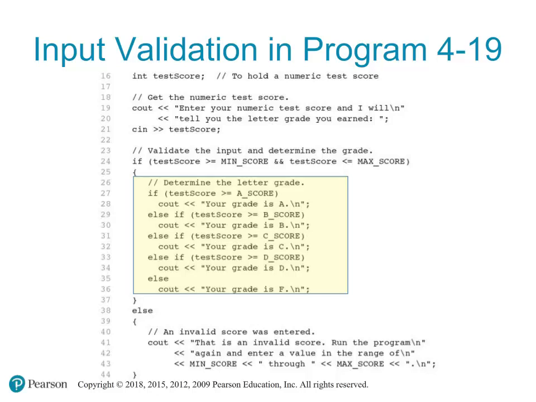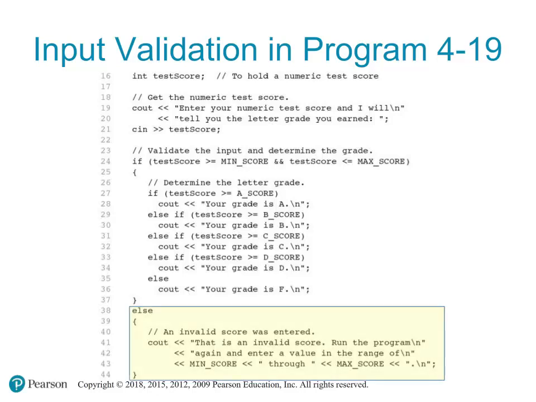So if test score is greater than or equal to A score, we cout your grade is A. Else if test score is greater than or equal to B score, we cout your grade is B. Similarly, we use all the else-ifs for C and D score, and the last else is for grade F. If the input is invalid, the program informs the user about the acceptable range for test scores.